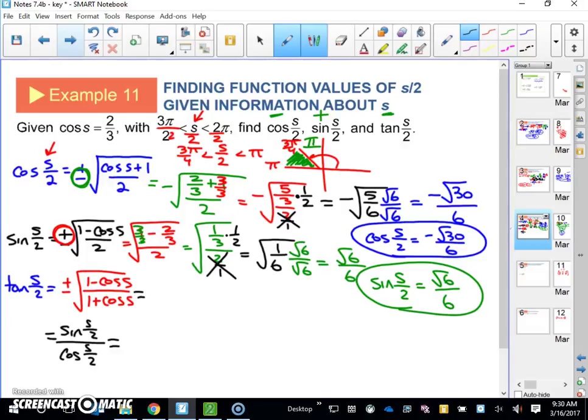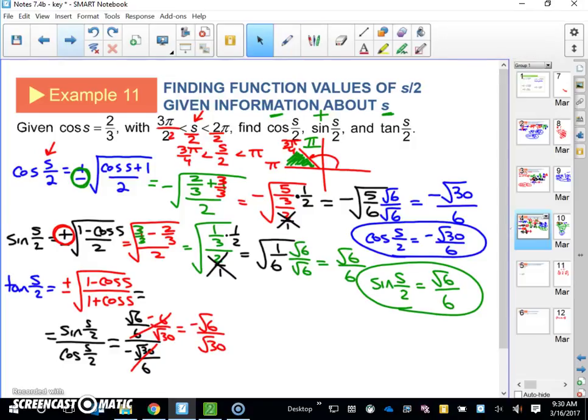I think the second way is easier, so that's what I'm going to do. I know sine s over 2, which I just found, was square root of 6 over 6. And cosine s over 2 was negative square root of 30 over 6. So those 6's are going to cancel out. If you think about it as multiplying by the reciprocal, it's pretty obvious why the 6's cancel out. We have negative square root of 6 over square root of 30.